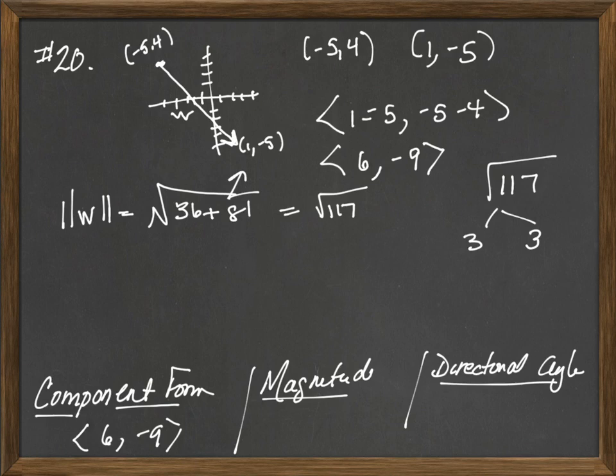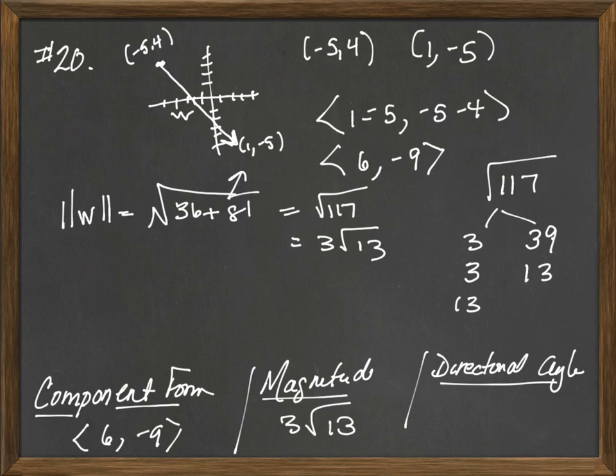So 3 times what is 27? 39. Take another 3 out and you get 13. So it's 3 times 3 times 13. So the square root of 117 can be simplified to 3 square root of 13. So 3 square root of 13. My brain stopped for a minute.